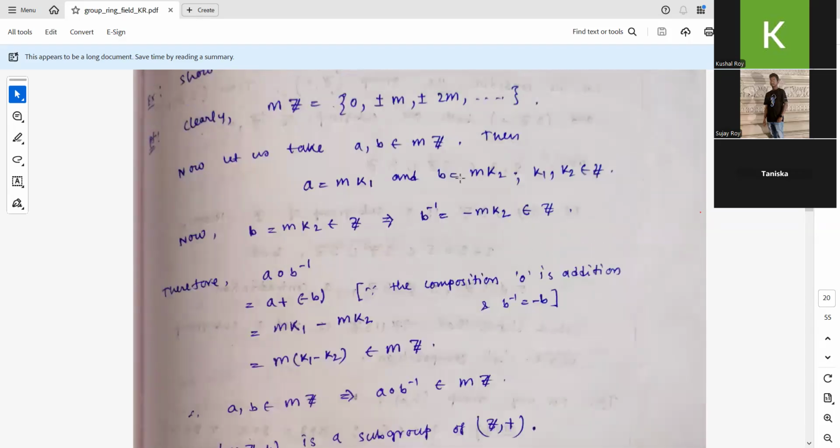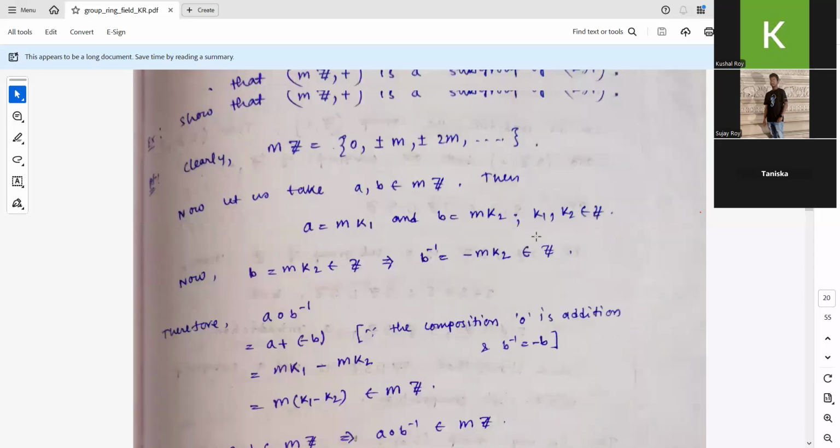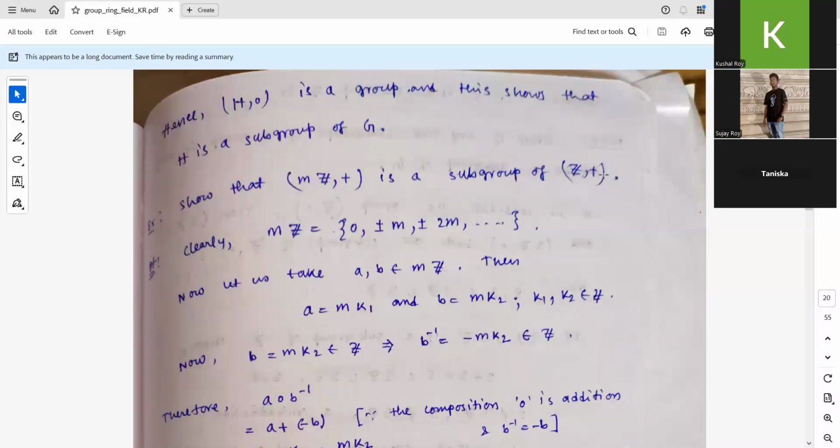Now let us consider any two elements A and B from MZ. In that case A is a multiple of M, MK1, and B is also a multiple of M, that means it can be represented as MK2. So K1 and K2 both are integers. Now since B is MK2, it belongs to Z, and the operation of Z is here addition.